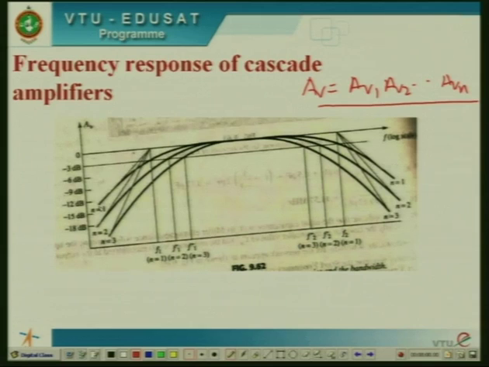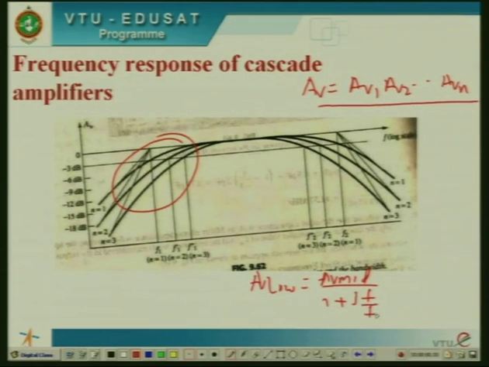We know that if you analyze one by one, if you consider this portion of this circuit, only low frequencies, this is nothing but the low frequency response of an amplifier, then that gain AV low, we can say, is given by AV mid divided by 1 plus j F by FL, where FL is the lower cutoff frequency, where F is the frequency.